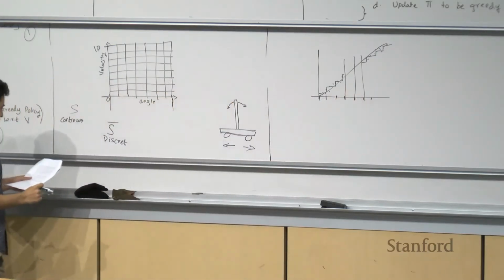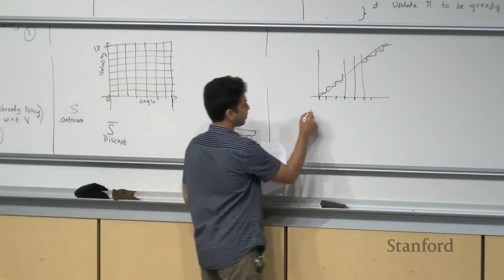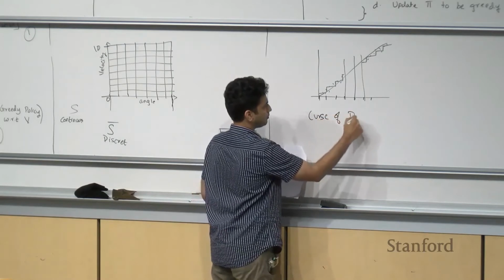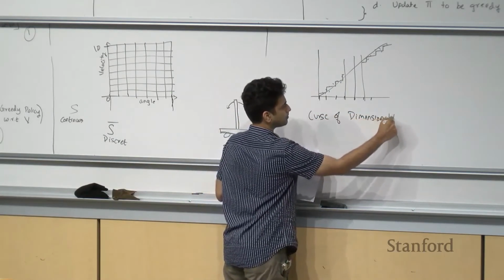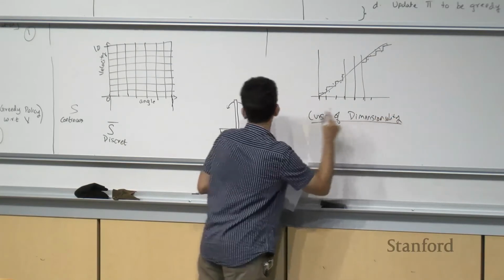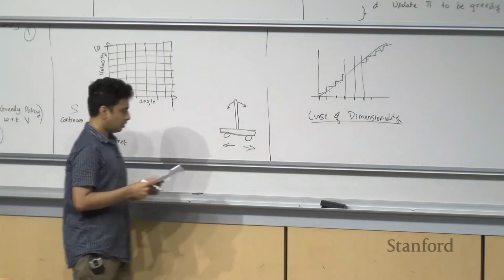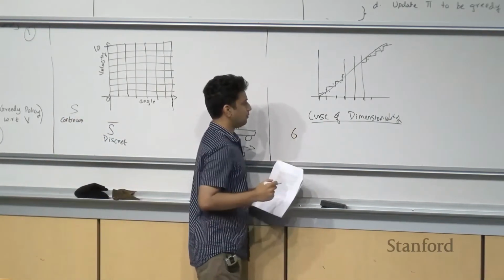The other problem with discretization is what's called the curse of dimensionality. Which means, suppose we have a state space of, let's say, 6 states.